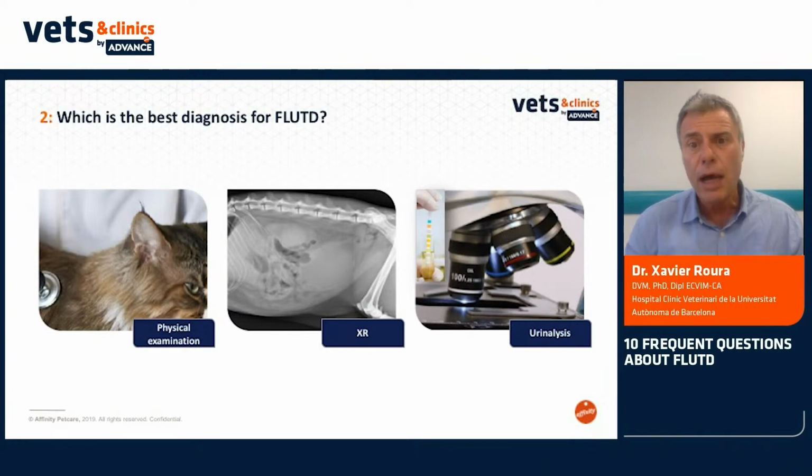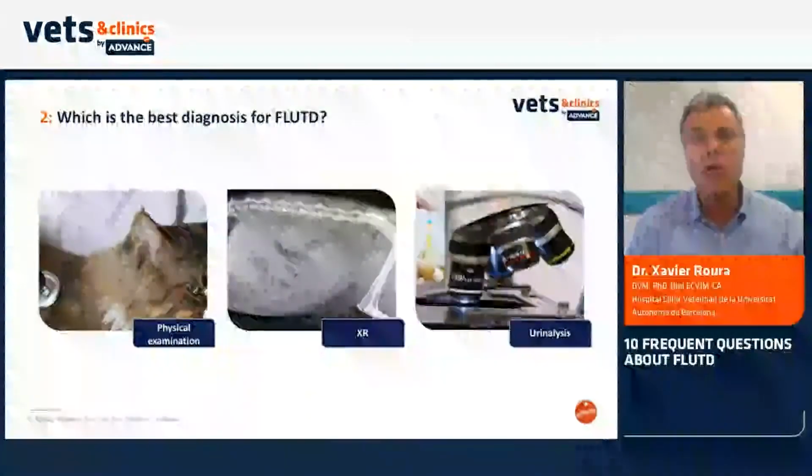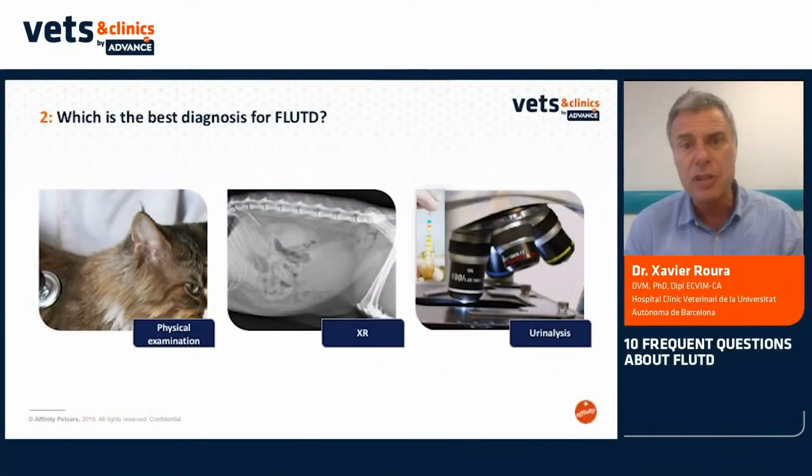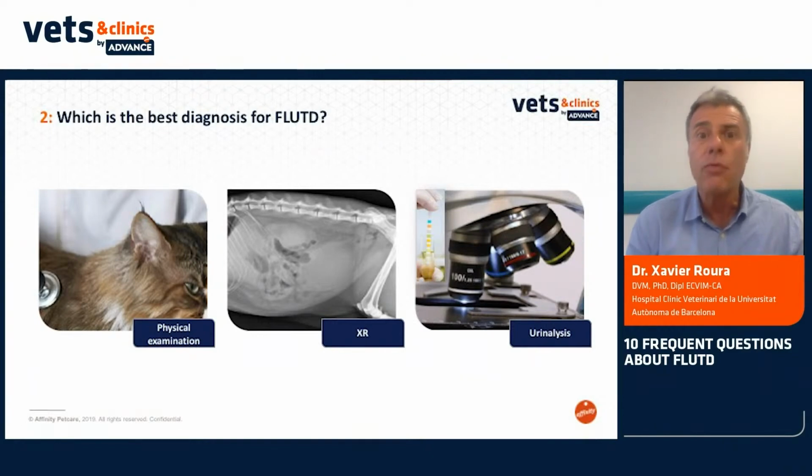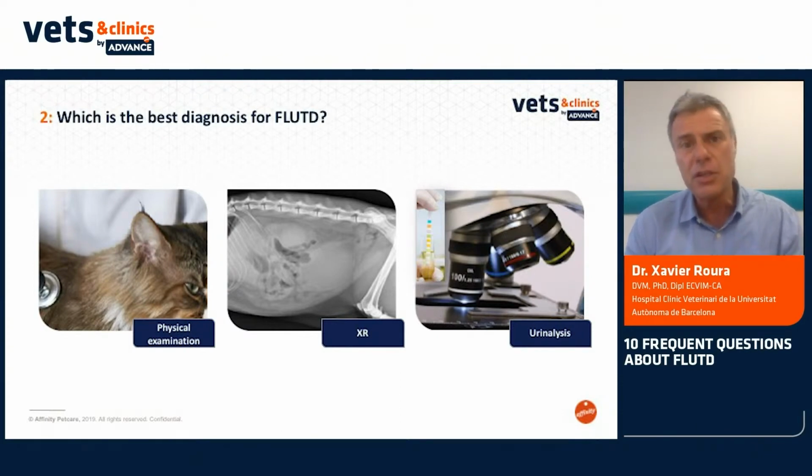Finally, we will do a urinalysis. And the urinalysis is important in order to find bacteria, intracellular bacteria, and different kinds of crystals. With these 3 things, the first time, we can decide if it's potentially feline idiopathic cystitis, because it's the most frequent.